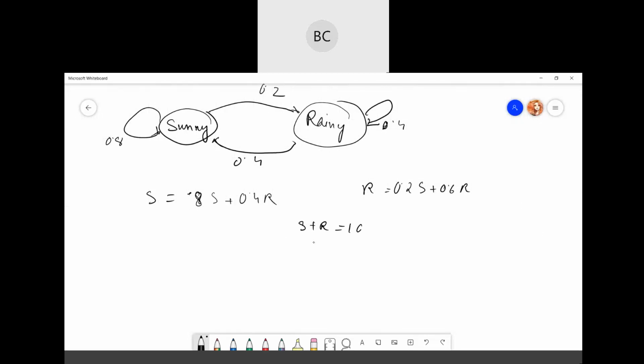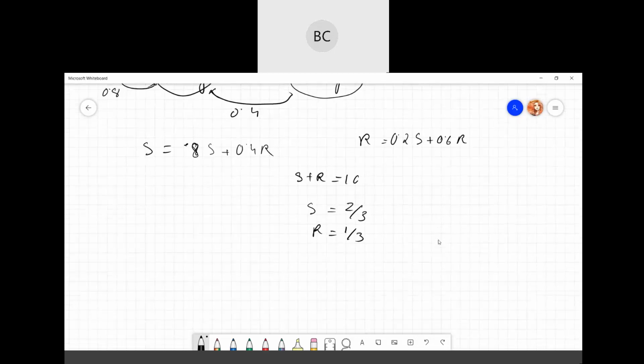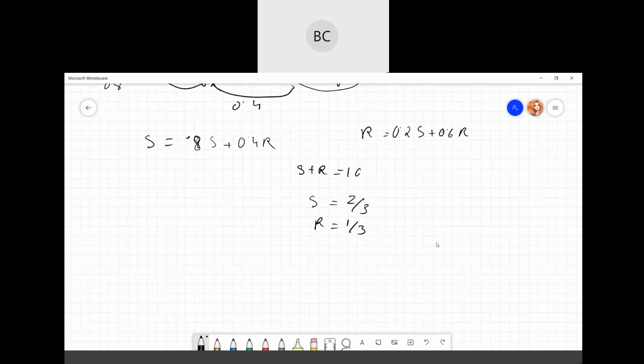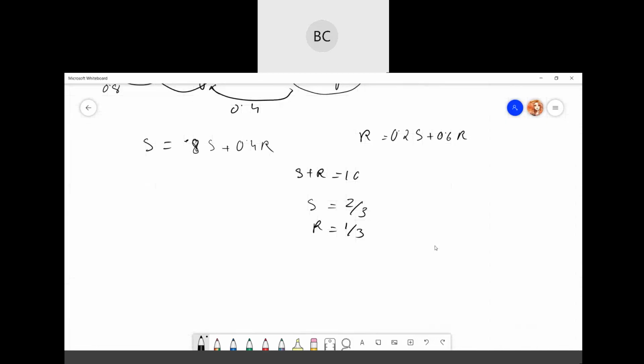Okay. So I can just say sunny equal to 2 by 3, which is already given for us, and rainy 1 by 3. And again, we can also see whether today's weather is sunny or rainy. We already have 2/3 probability today is sunny, 1/3 probability today is rainy.